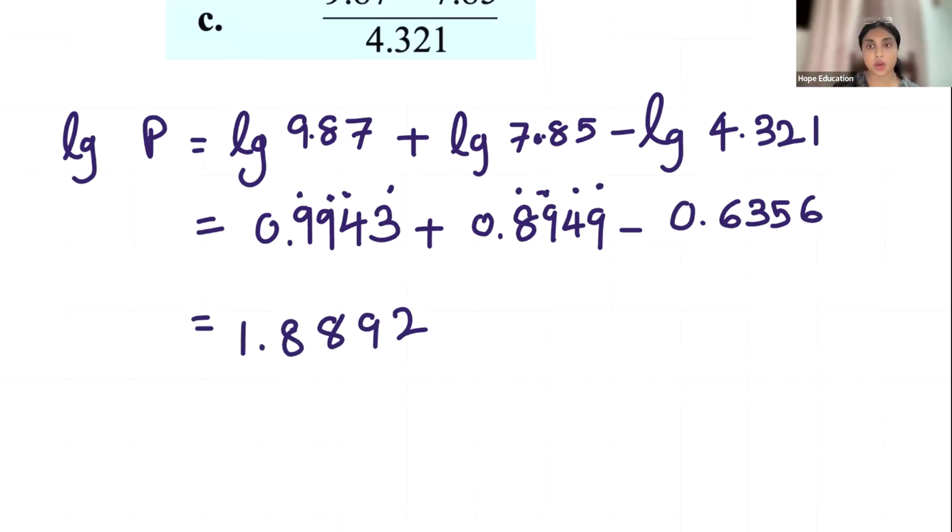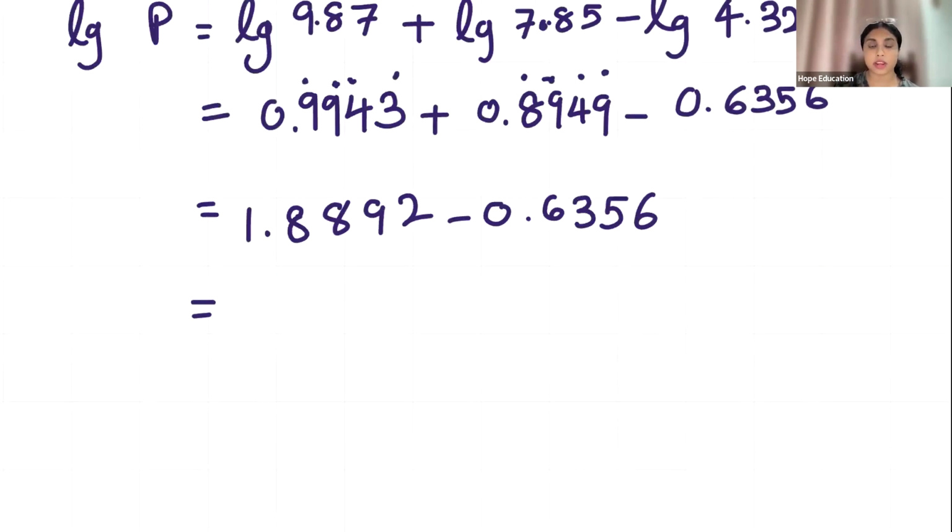Here minus 0.6356. From 2 we can't subtract 6, so 12 minus 6 is 6. Then here it's 8, not 9. 8 minus 5 is 3. Then 8 minus 3 is 5. 8 minus 6 is 2. 1 minus 0 is 1. So we get 1.2536. Now this is log P.